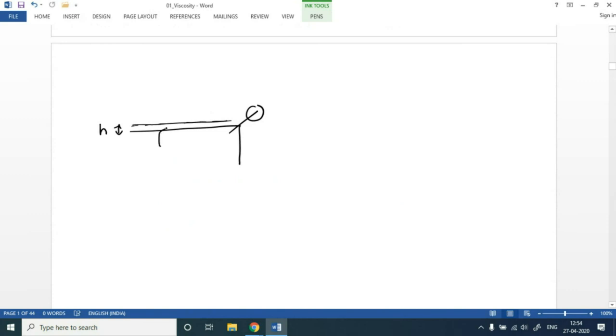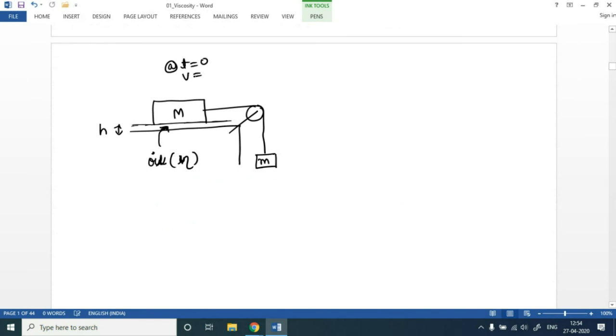Let's say this is some oil of viscosity eta. And over that there is a block of mass m which is connected with a pulley here with the help of an inextensible massless string, and here a block of small mass m is suspended like this, and this has been released.